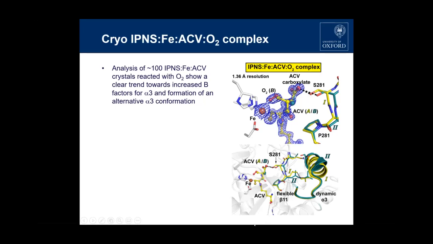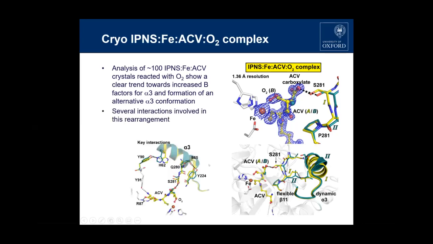So in this O2 complex, there is a second conformation forming of this helix, of this beta 11 region here. And the adjacent residues, here glutamine 280 and valine 282, are interacting with the alpha-3 region, causing a second conformation in the cryo data sets.